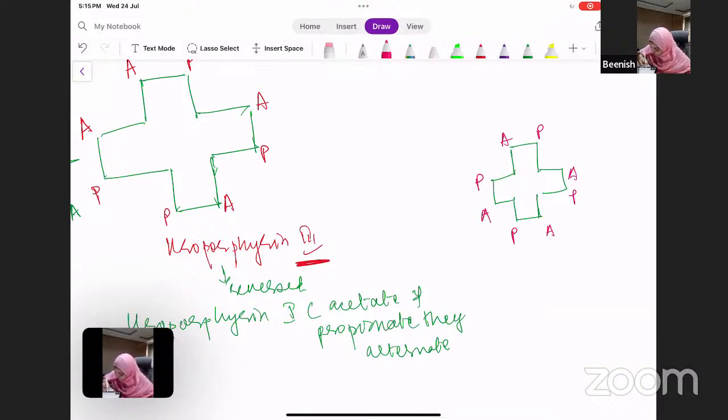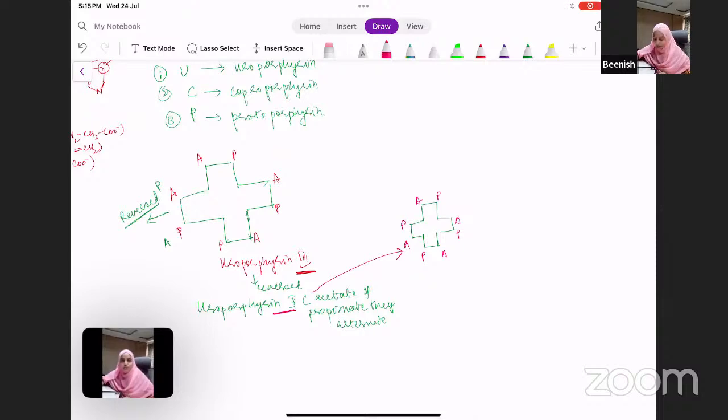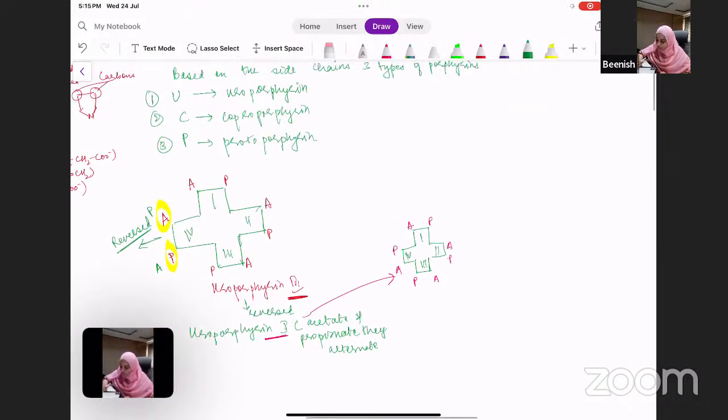So this is your uroporphyrin 1. Okay. I hope it's clear. So this was your uroporphyrin 3, where the A and P here are reversed on ring 4. Whereas in uroporphyrin 1, your A and P, that is acetate and propionate, are alternating. Okay. So that was your uroporphyrin.